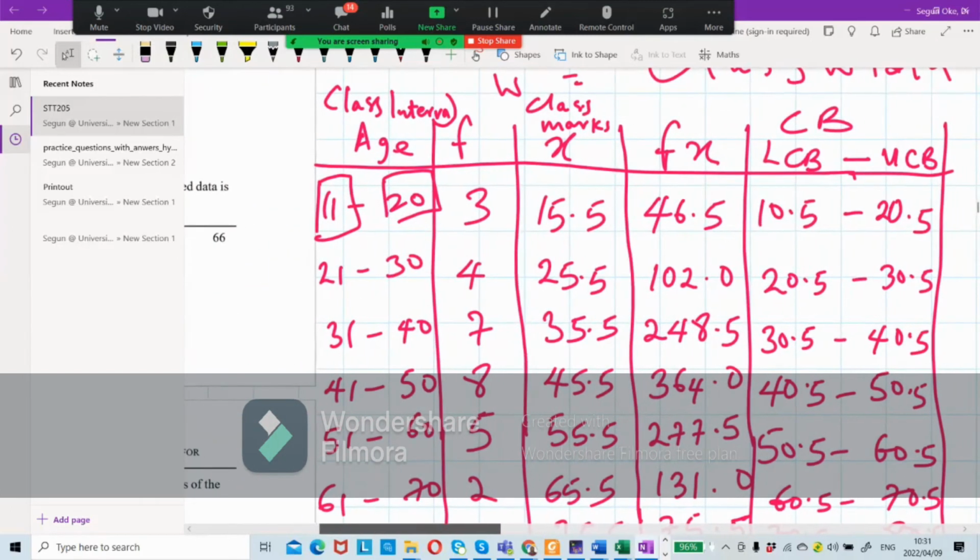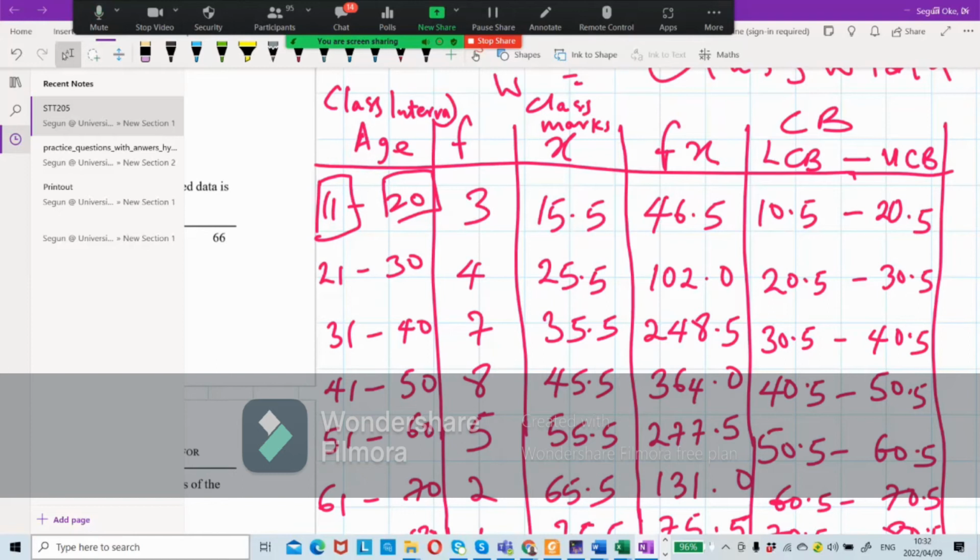Definitely, when it comes to grouped data, they don't give you the class mark.